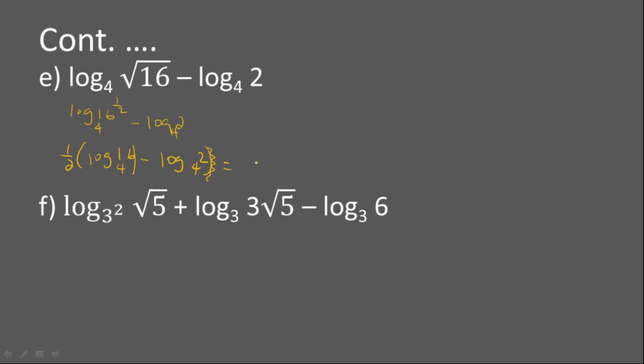So this can be written as 1 over 2 times the logarithm of 16 to the base 4, which is 2, minus the logarithm of 2 to the base 4. That means we need to multiply 4 how many times to get the number 2? It can be written as 1 over 2, because the square root of 4 is 2. So this is equivalent to 1 minus 1 over 2, which is 1 over 2, the final answer.